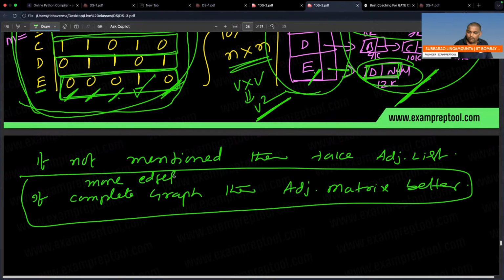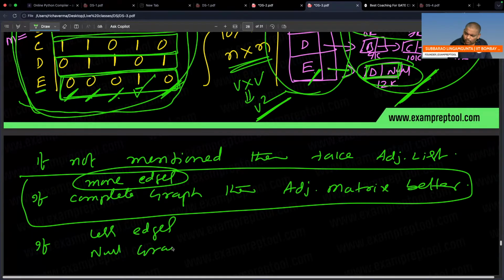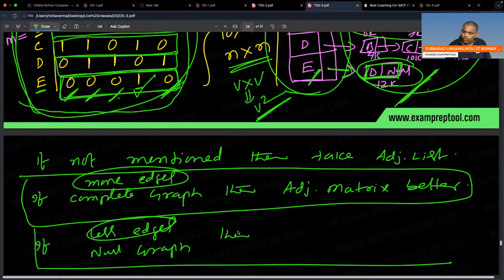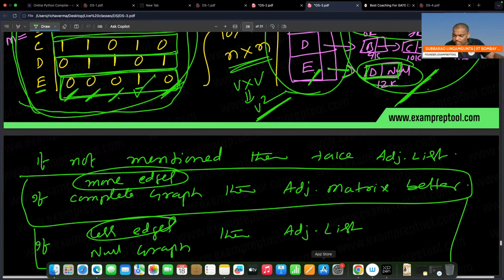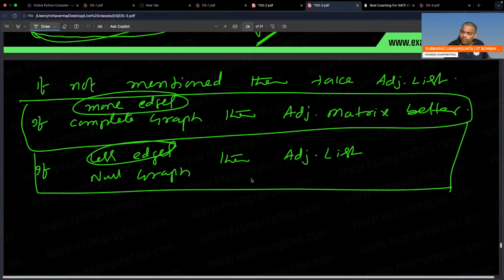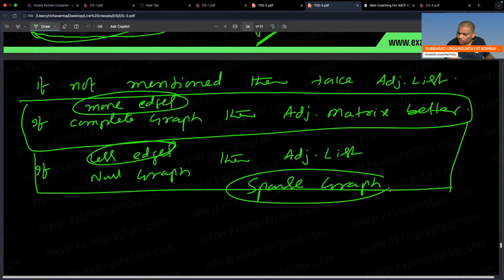Next one, if less edges, something like a null graph, then go to adjacency list. So less edges, which is also called a sparse graph.